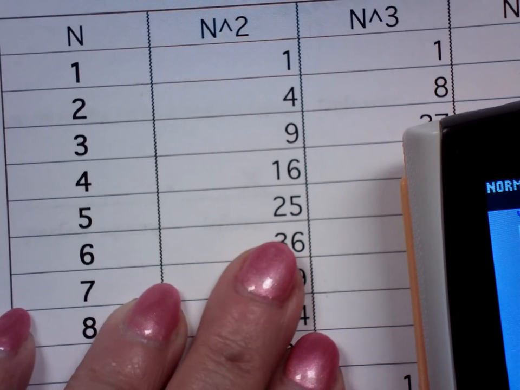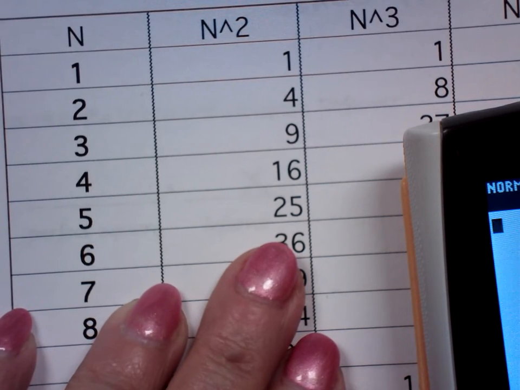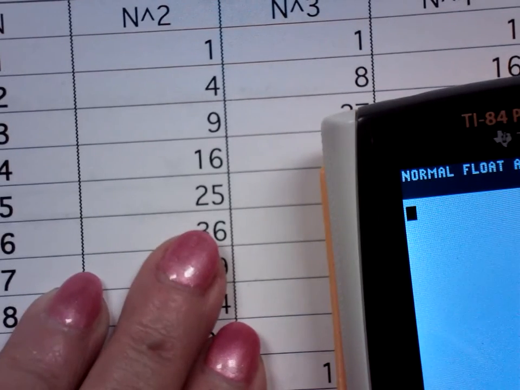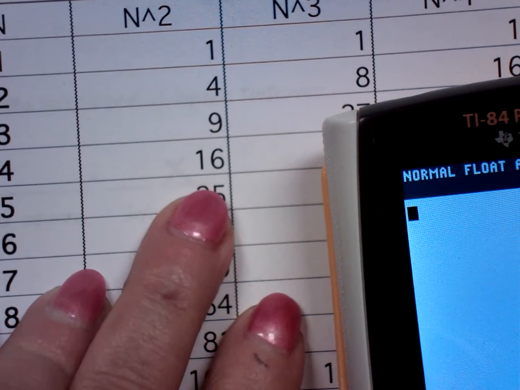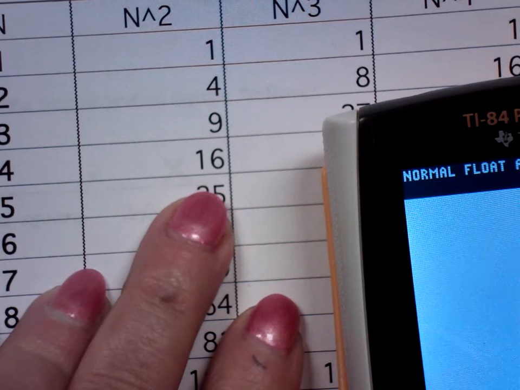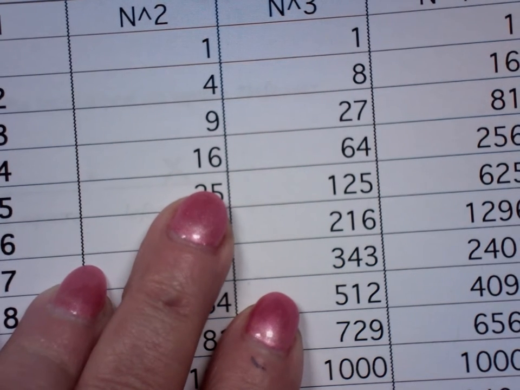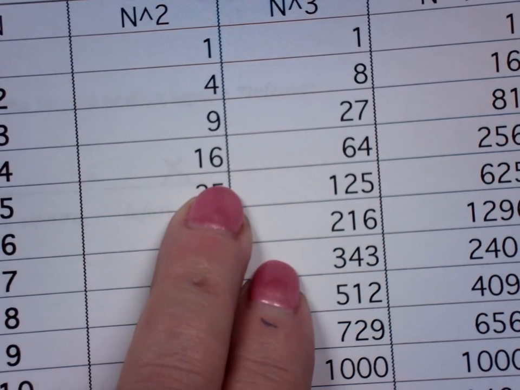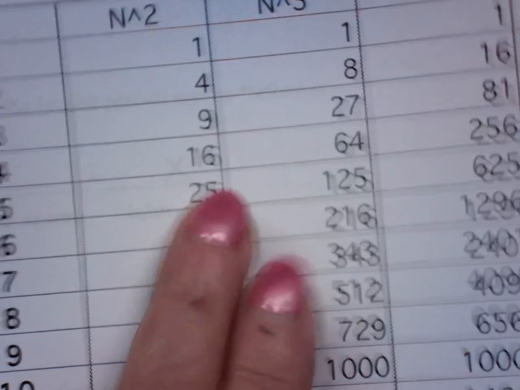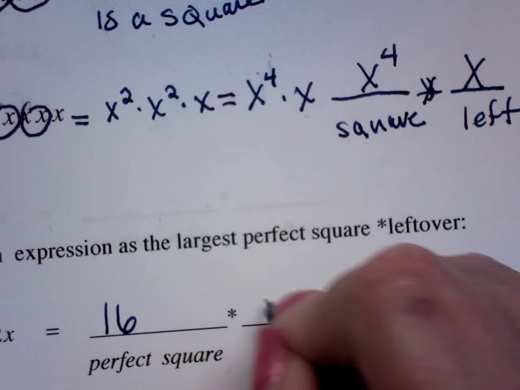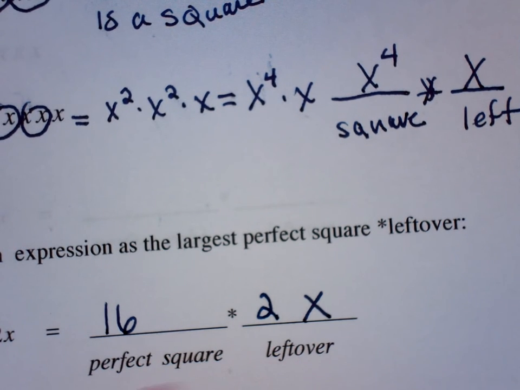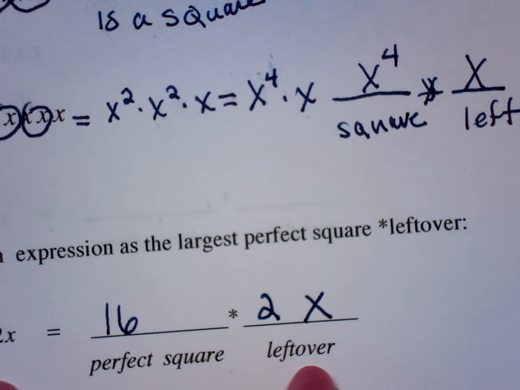Does 25 divide 32? No. Does 16 divide 32? Yes. And I use my calculator if necessary. The largest square in 32 is 16. So I can write 32 as 16 times 2. That's the square, and what's left is 2. If I multiply these two together, I should get 32x.